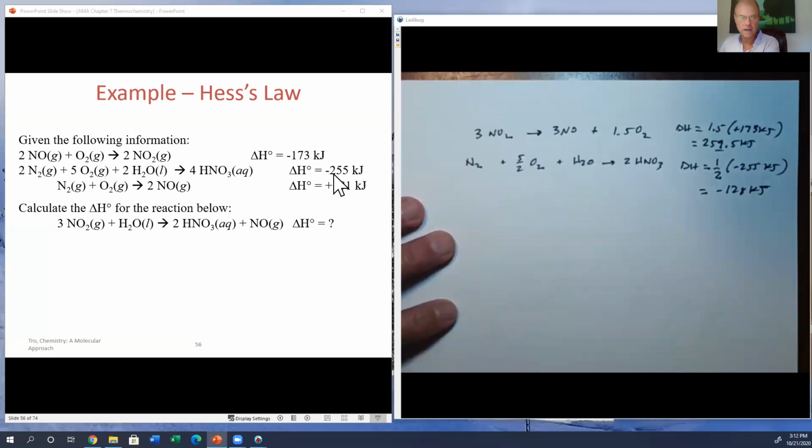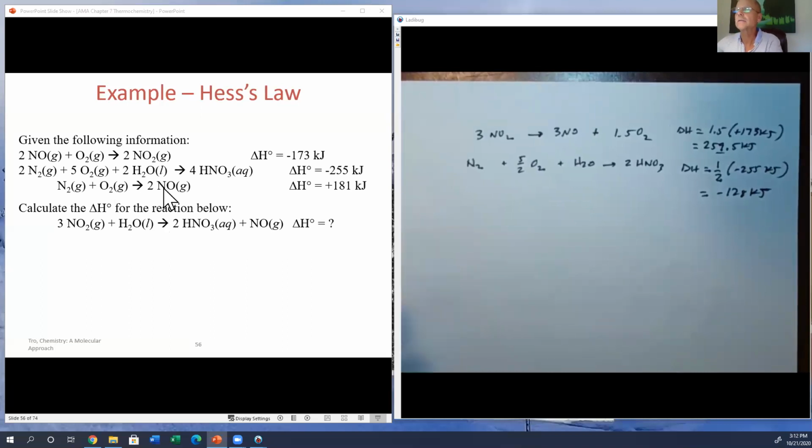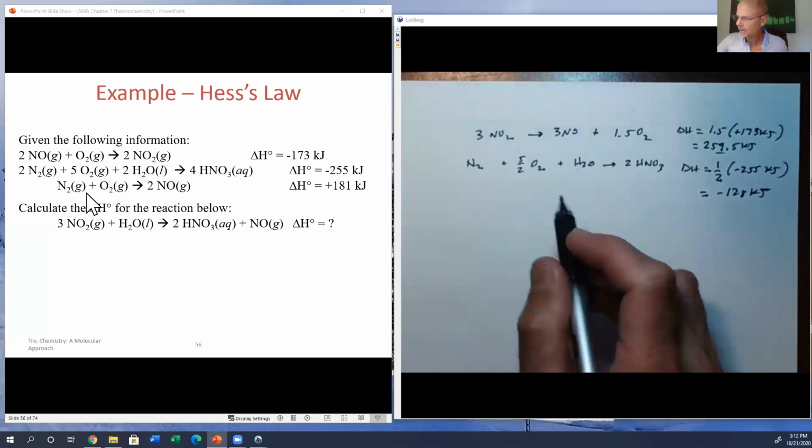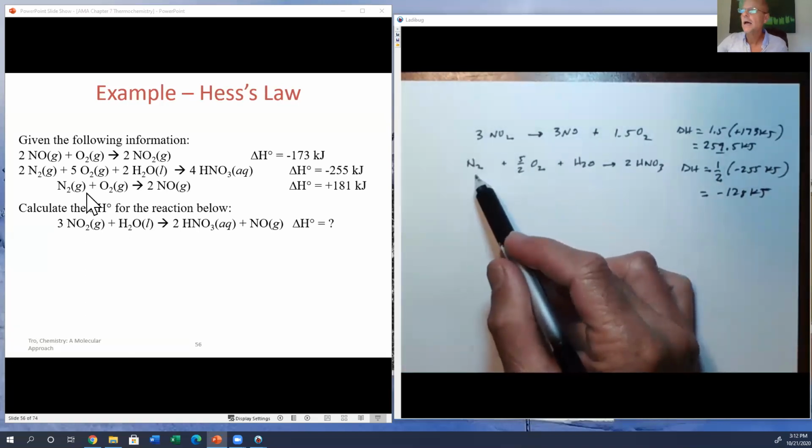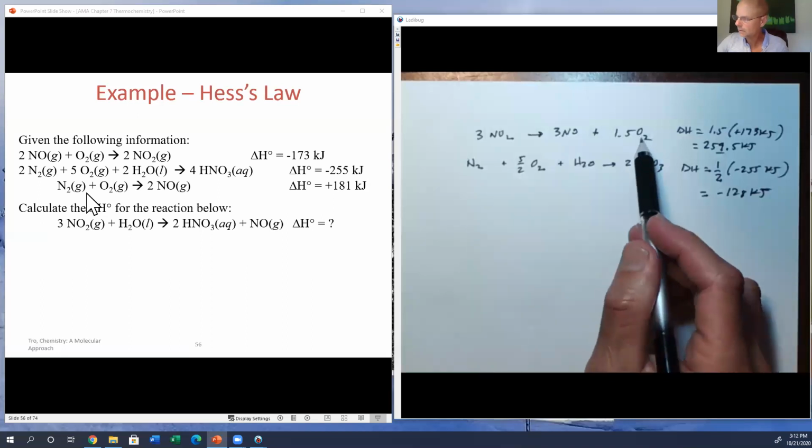Then the last one I look at and I see, what is a good clue here? Well, I don't have any N2 or O2 in this reaction. So somehow the N2 and the O2 have to cancel. And if I look up here, I have N2 and O2 here and here.